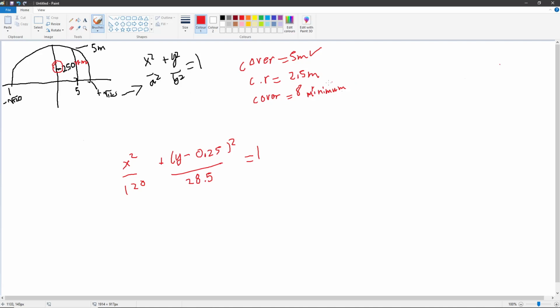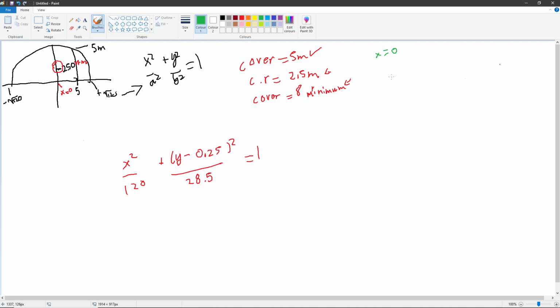Really, what you have to check are these two. And spoiler alert, it's not going to meet those conditions. So if you go for the cover first, how can we find the cover height, which is this? What conditions do we need for that? Well, we know that x is going to equal 0, and we're trying to find y, which we can do through that equation.